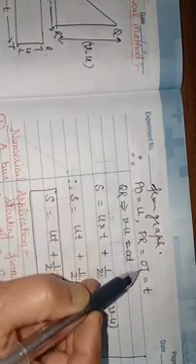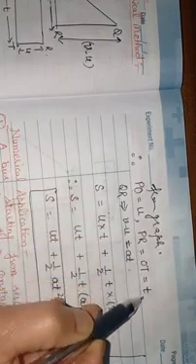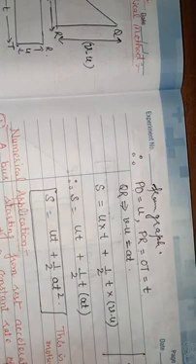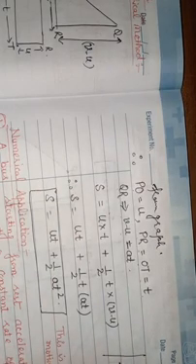Now from the graph, we know that PO is equal to u, PR is equal to OT is equal to t, QR is equal to v minus u. And if you remember the first equation of motion, we found that v minus u is equal to a multiplied by t, acceleration multiplied by time.